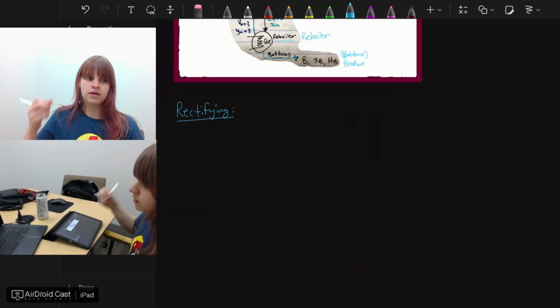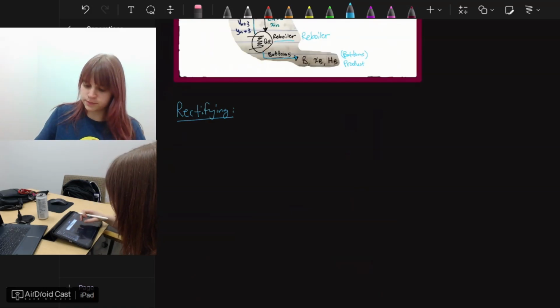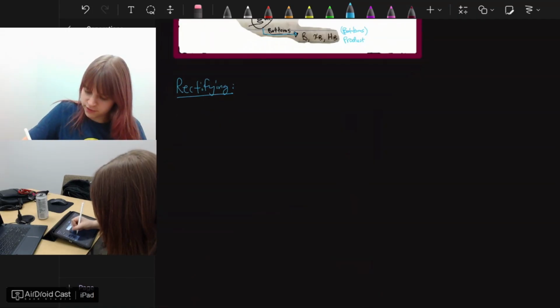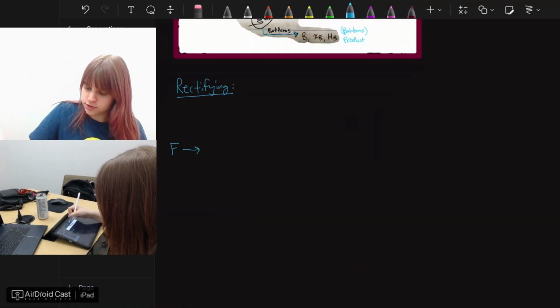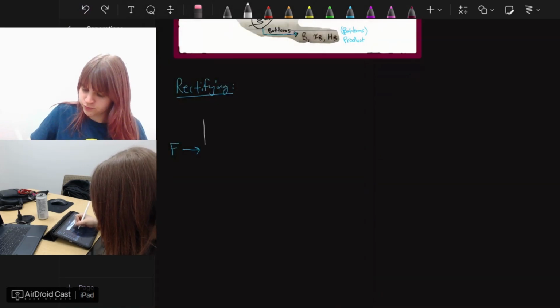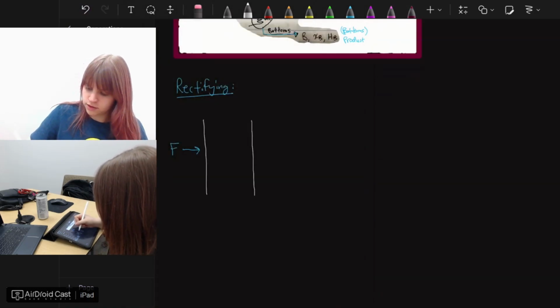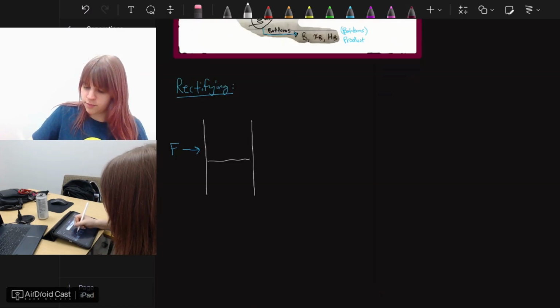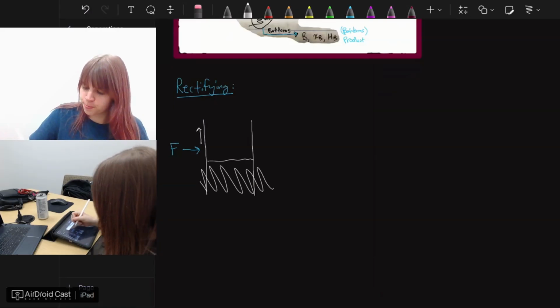Since that is the top section, I'm just going to draw it like this. We have a feed coming in, and then we have our column. Let me make that a little thinner. I'm going to be referring to everything above the feed, not anything below.